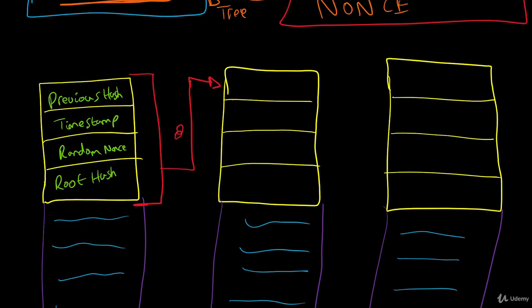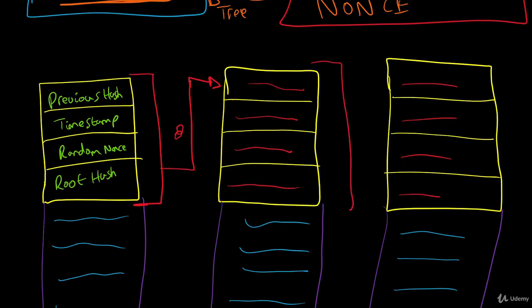So we have the previous hash here, the timestamp, the random nonce, the root hash. It's the same thing for this one. And again, the entire block's hash forms the previous hash. So that is the structure of a block.